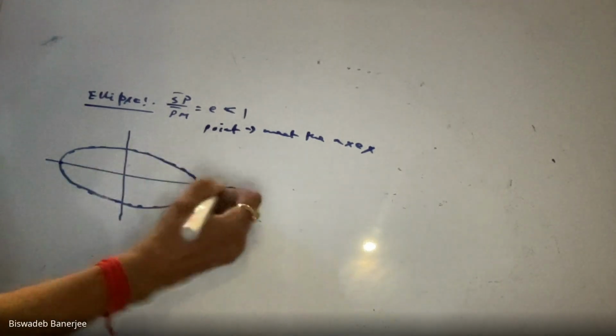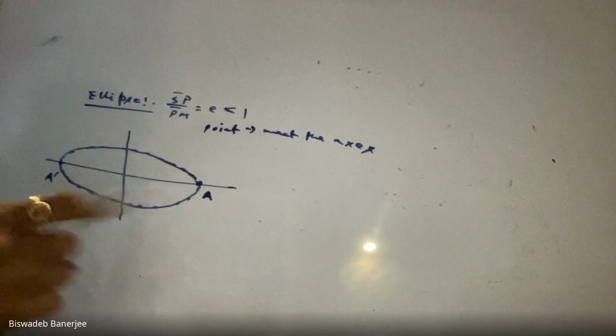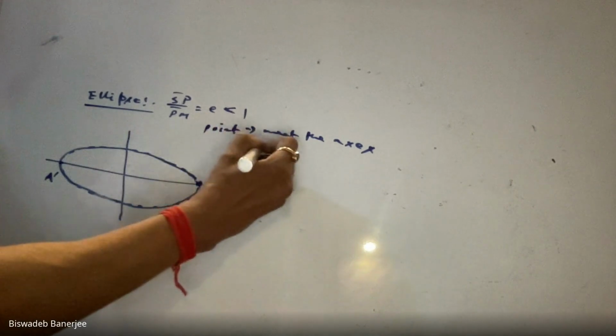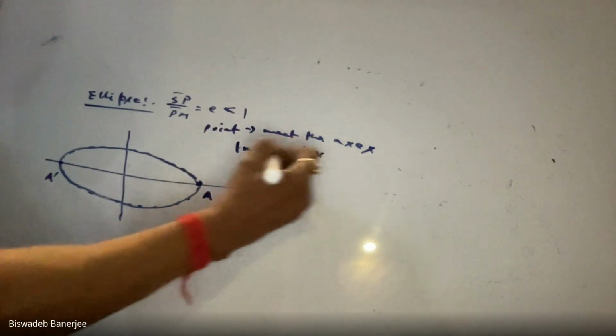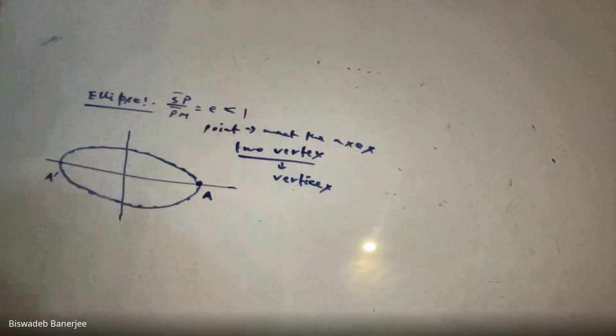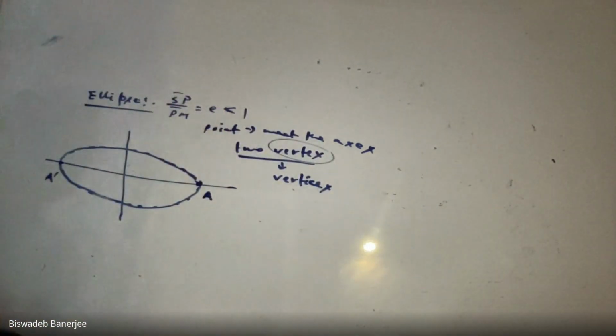Say this is my A and this is my A dash. But a parabola has only one vertex, while an ellipse has two. Two vertex as a whole is called vertices. It is simply the plural form. Ignore the English, just remember this vertex. So this is one vertex, this is another vertex.